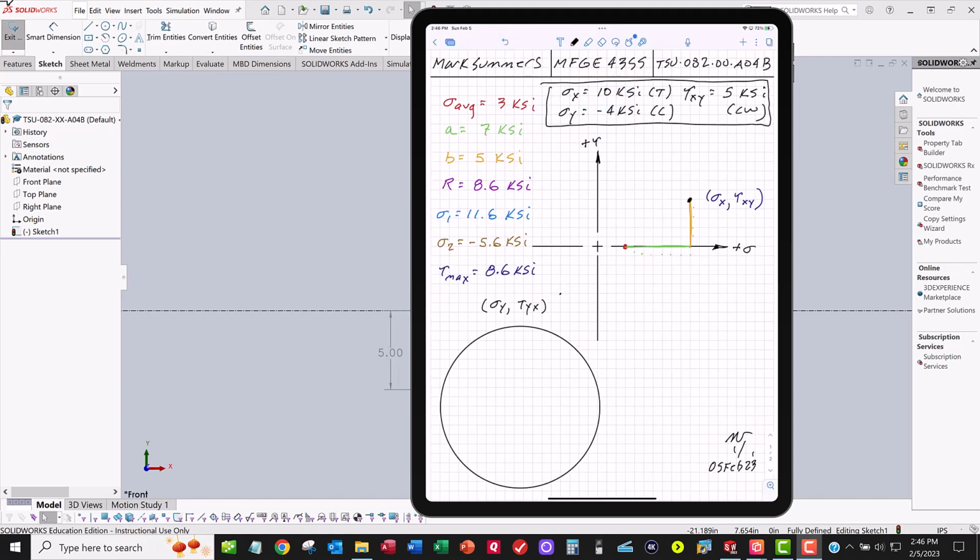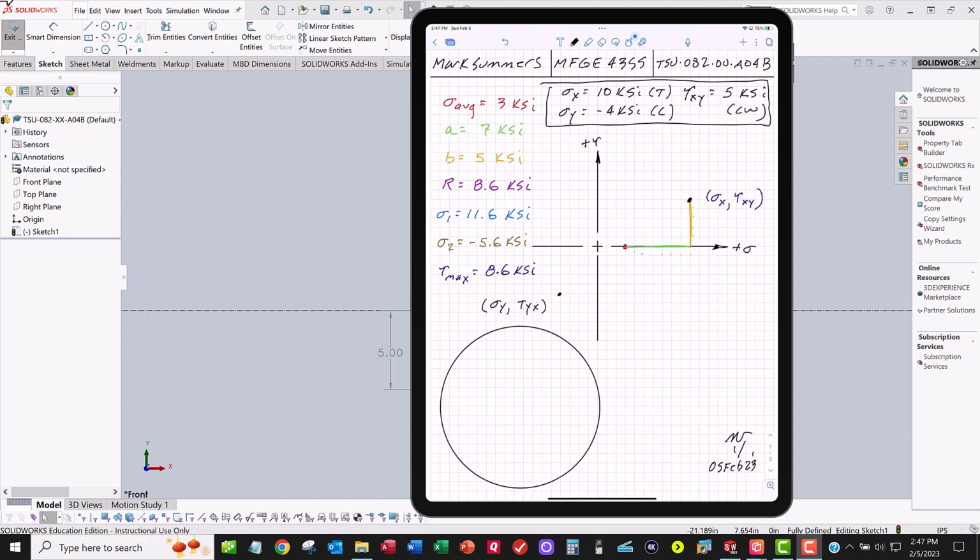sigma x, tau xy based on the original coordinate system. So 1, 2, 3, 4, 5, 6, 7, 8, 9, 10 over. That's sigma x, and then tau xy is 5 up. So now we've got that point. In a similar fashion, we're going to draw sigma y, tau xy down here in the other corner.